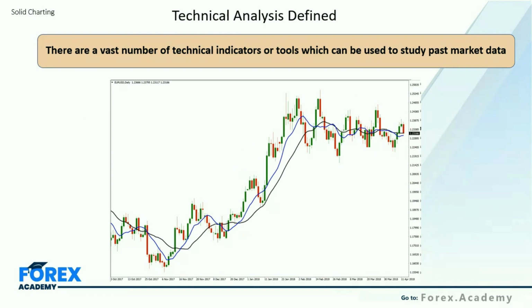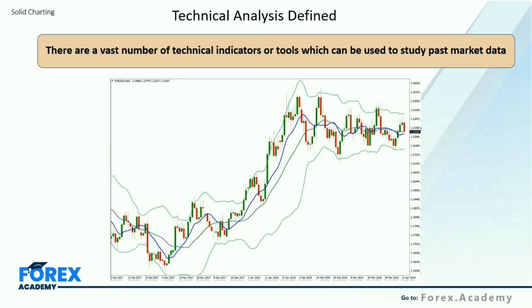Now, of course, there are pros and cons with all of these indicators, but to go through a few more, we'll add these over the top. What we see now is our Bollinger Bands, and these are used by technical traders as opportunities to buy off the lower band, expecting prices to move higher, and selling off the higher bands.